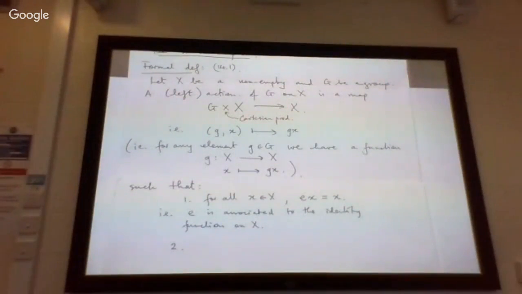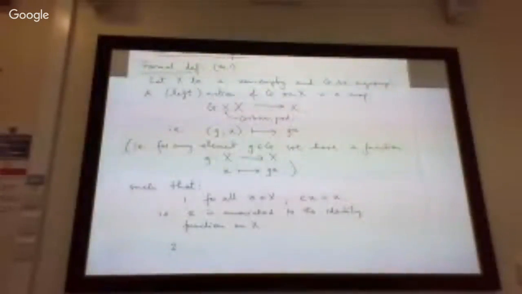So whatever this value is, we're going to insist that it's the same as first acting on the element little x with the function associated to G2, and then acting on the result of that with the function associated to G1. It falls down quite naturally on the page. I'm almost writing the same string of symbols, but just organized differently.